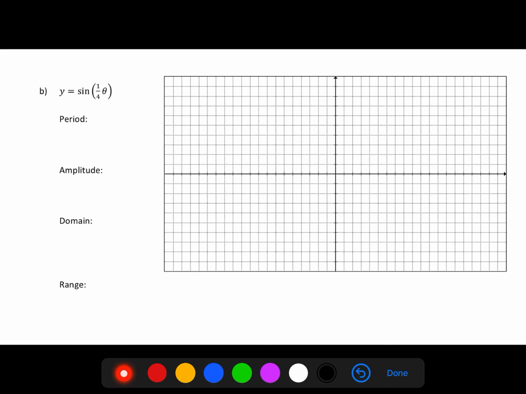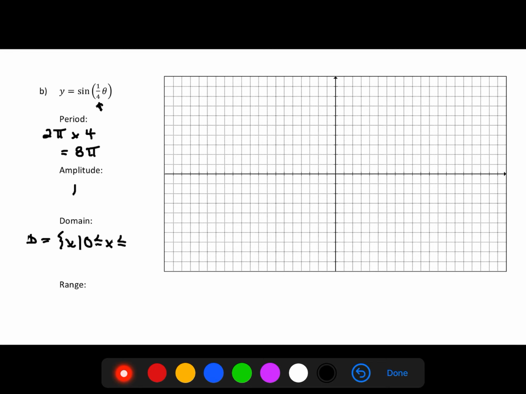Okay, so we can also do it in shifts if that makes it easier. Next one, we have y equals 1/4 theta. So this one we're going to do in radians again. So if our period is normally 2 pi, remember 1/4 means we're going to have a horizontal stretch by 4, which means we're going to have a period of 8 pi.